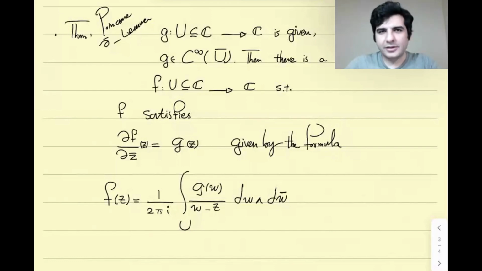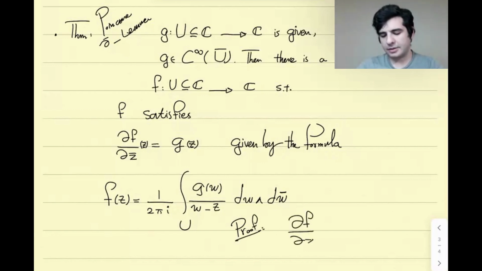Okay, now we want to prove that. And proving it is essentially a matter of computation, because we guessed an expression for f. Now that we have an expression, in order to prove it, we should just take the derivative of f with respect to z bar and check if it's equal to g or not, right? So it's more like a computation rather than a very abstract proof, right?